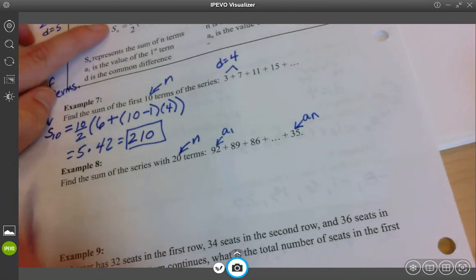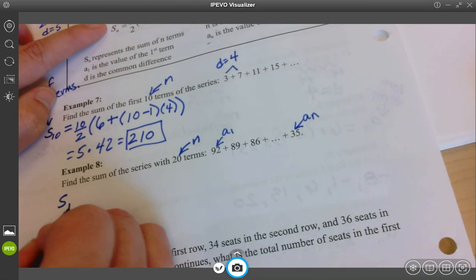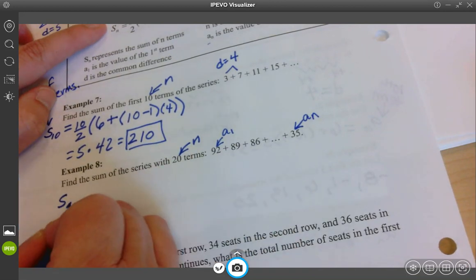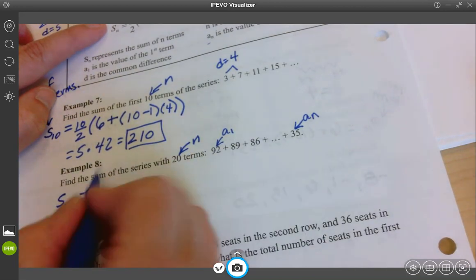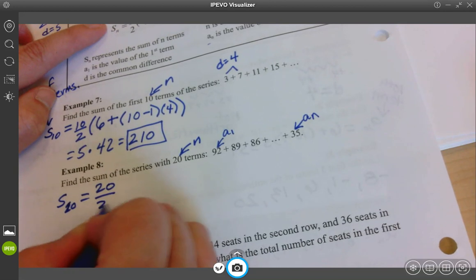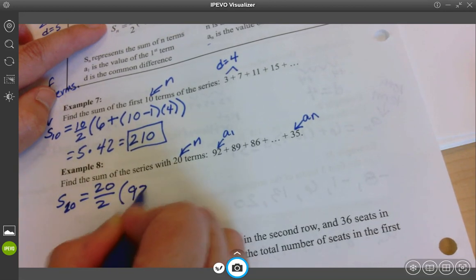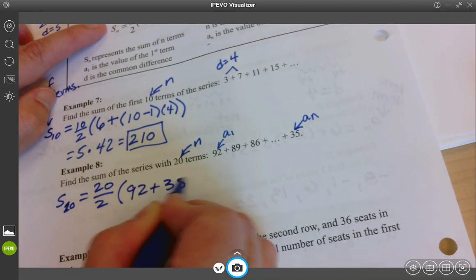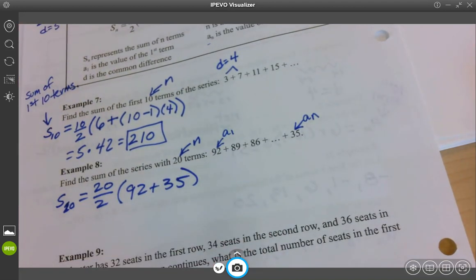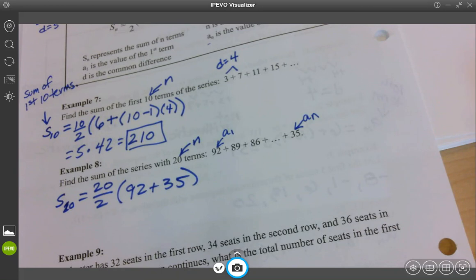So let's find this. As S sub 10, because we're finding the sum of the first, nope, S sub 20. Sum of the first 20 terms. 20 over 2. First term plus last term. Can anybody tell me their answer? Anybody get it yet? 1,270.